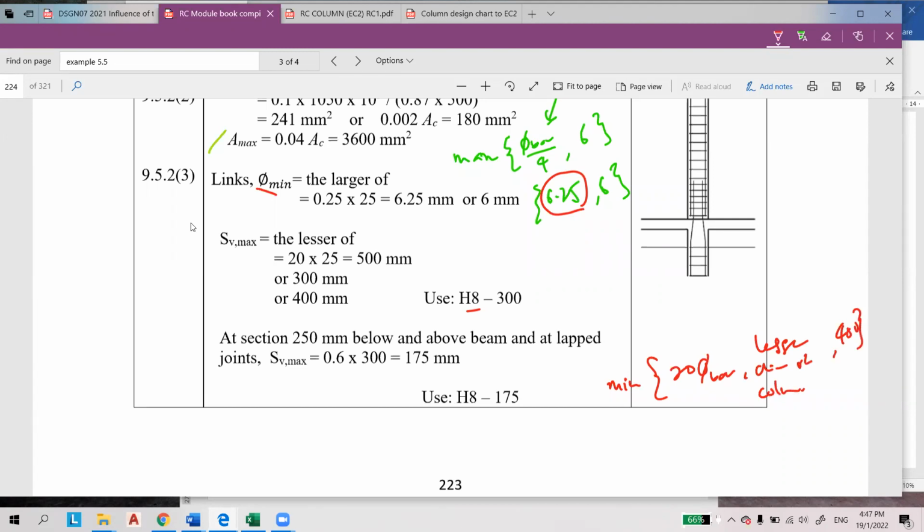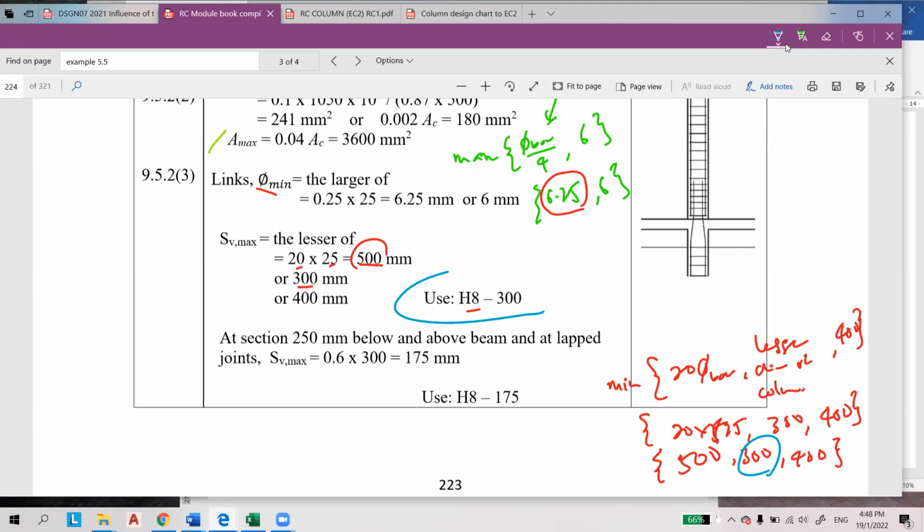So you must select the minimum. 20 times 25 is 500, or 300 is the dimension of column, and then 400. You select the minimum value, which is equal to 300. So you just use 8H300.